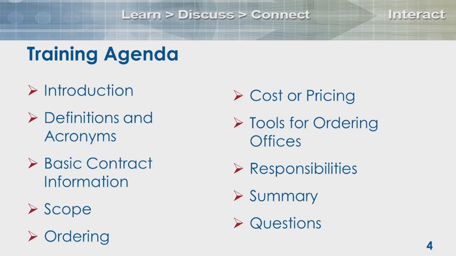I'm going to do the introduction and talk a little bit about the definitions and acronyms related to these GWACs, Alliant Small Business GWACs. I'm going to highlight basic contract information, talk about scope, ordering, and cost or pricing, and introduce you to the tools that we have available at our GWAC website, and talk about roles and responsibilities, yours as a contracting officer, and our responsibilities.